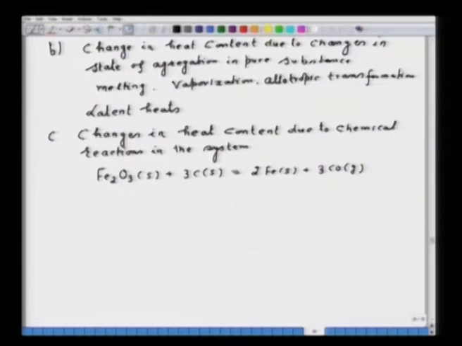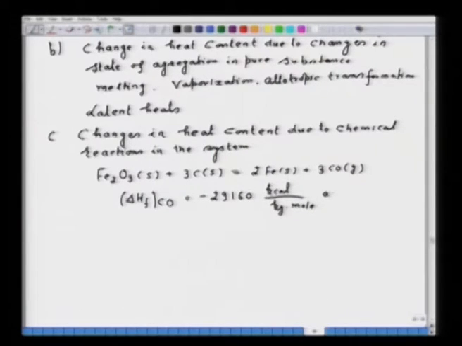Now, you can find out the heat of this reaction from the heat of formation of the compounds. I am giving you the heat of formation of compound, say delta HF CO, that is equal to minus 29,160 kilocalorie per kg mole.